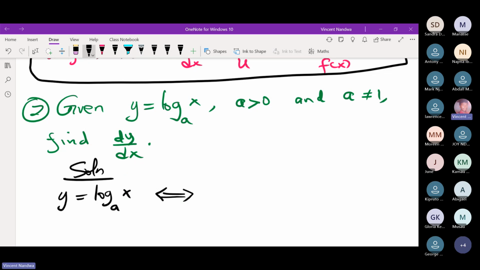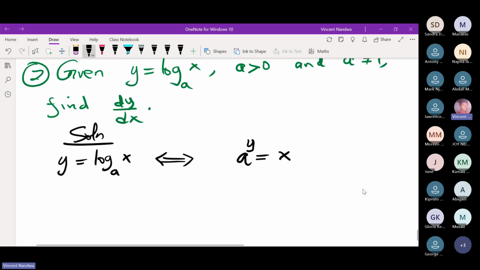y is log x to base a. In index form, we'll have a power y is equal to x. Correct.